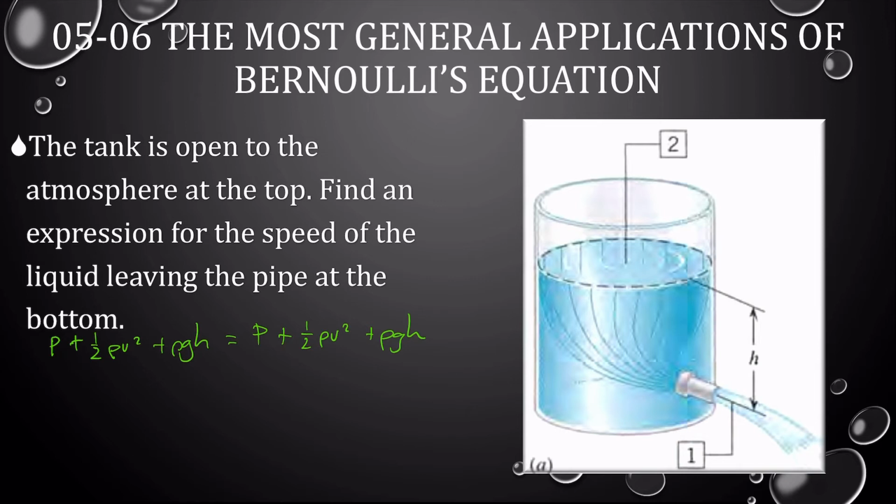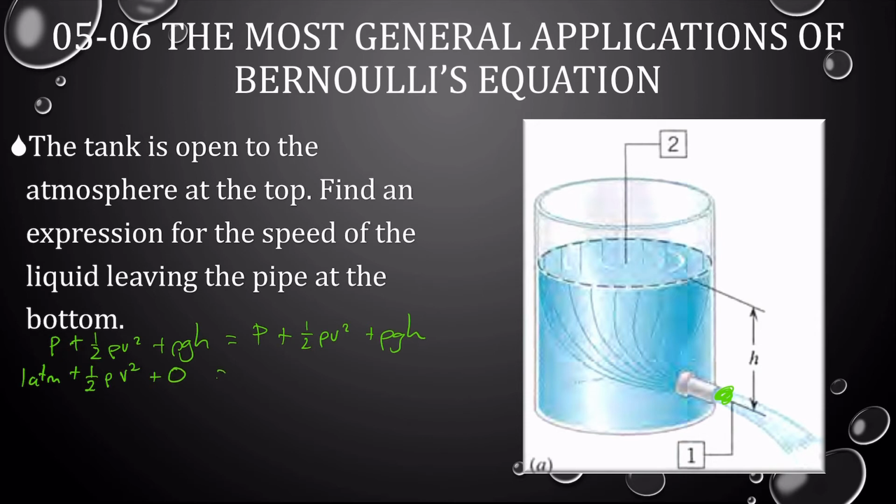So let's let the left side be at the bottom. So here, where the water's exiting the little pipe there, the pressure is 1 atmosphere. Has some speed, but 0 height.